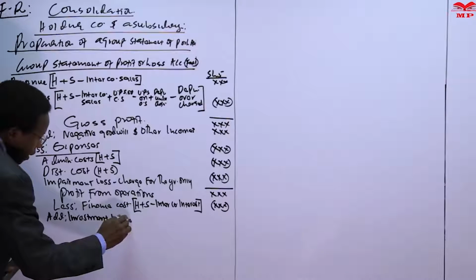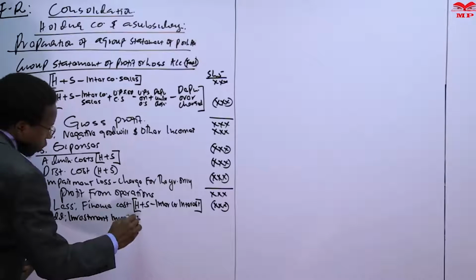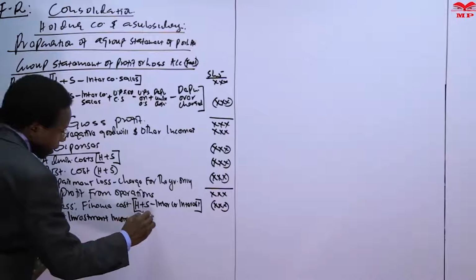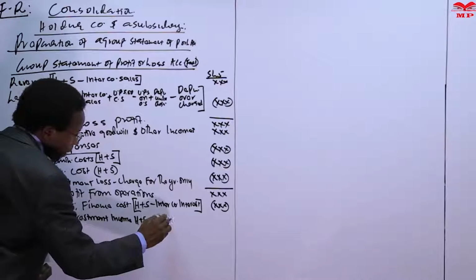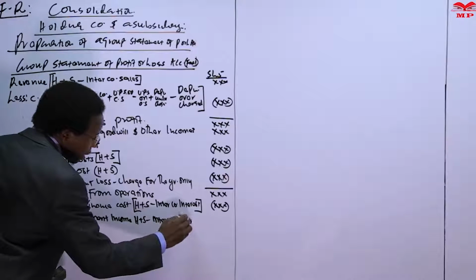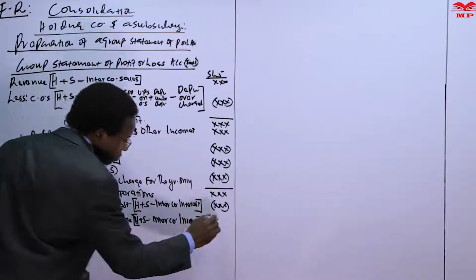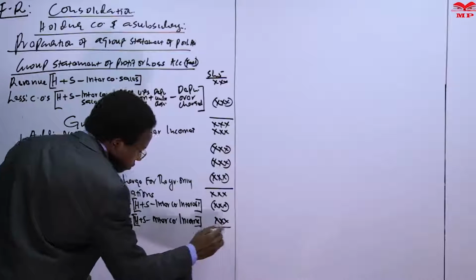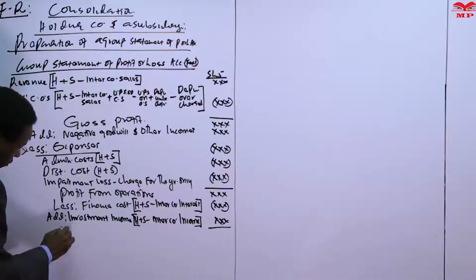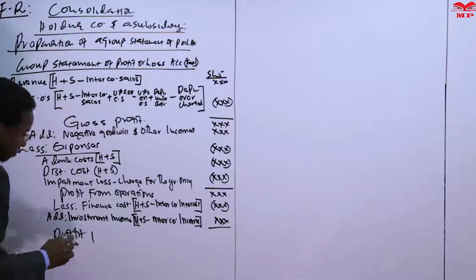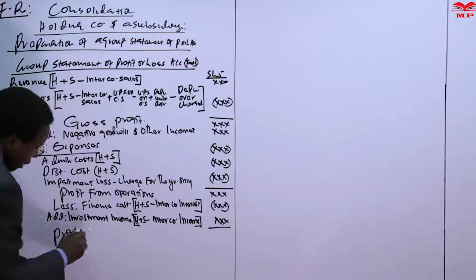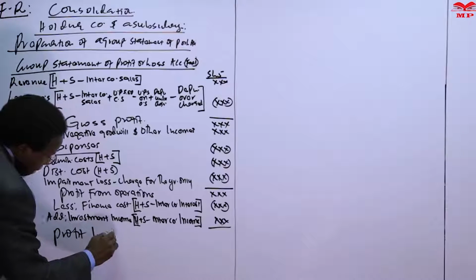This investment income, you take the one for the holding company plus the one for the subsidiary. You subtract intercompany income. Then you get the profit before tax.